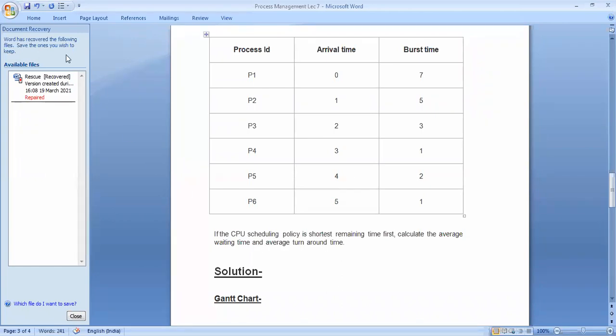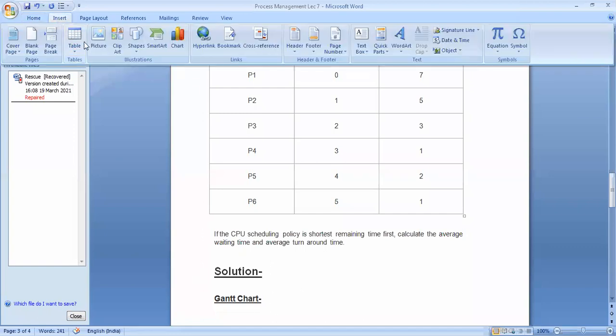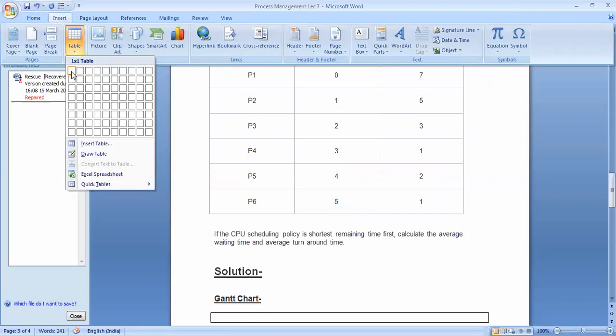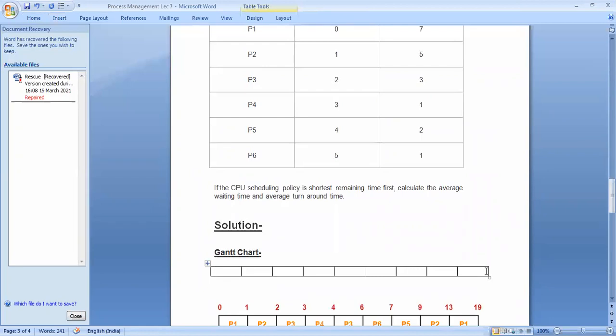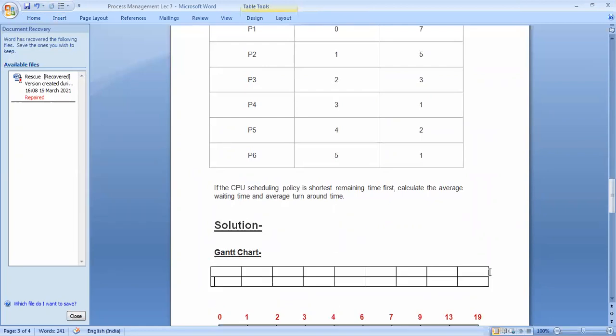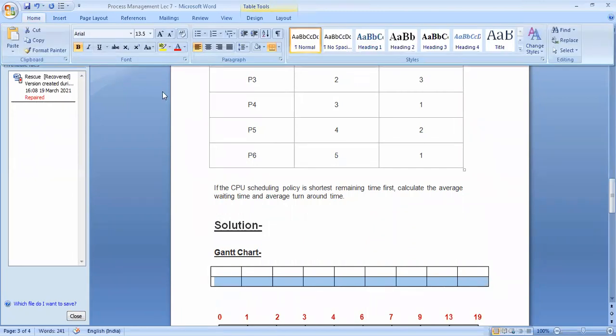So first of all, we'll prepare the Gantt chart, 1, 2, 3, 4, 5, 6, 7, 8, 9 approximately. After that, you can try to solve it yourself and you can tell me the answer, average waiting time.